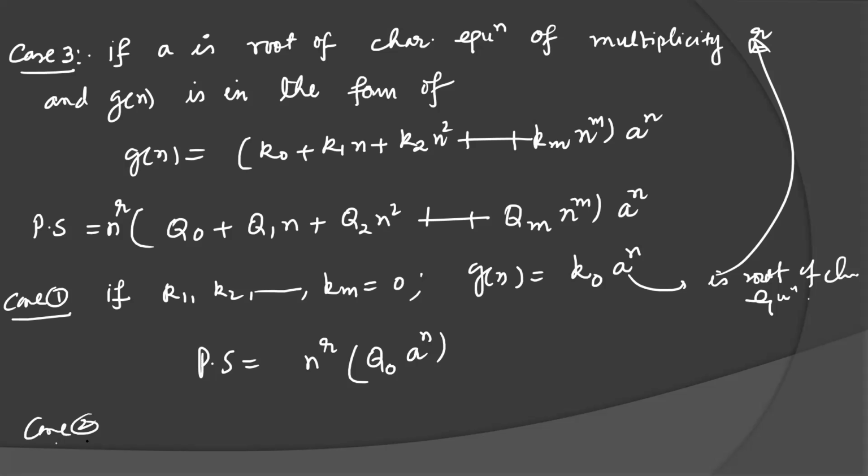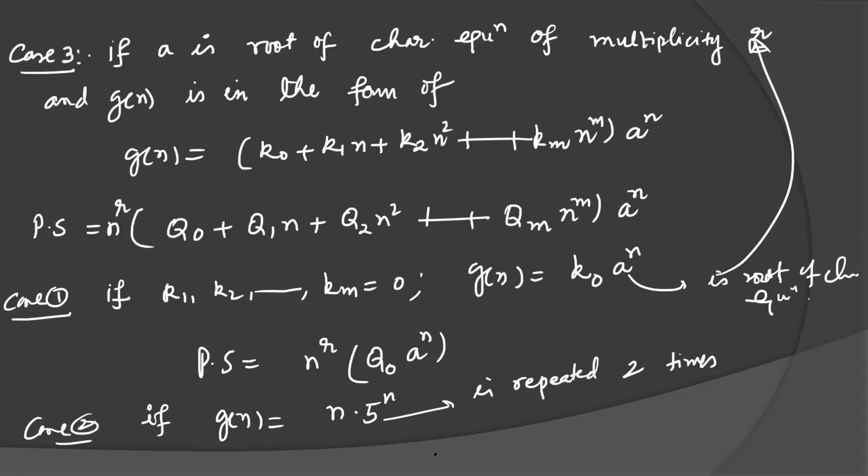Suppose you have case 2 like this. If Gn is in the form of, suppose, n into 5 to the power n, and suppose 5 is repeated 2 times, then can you think of the particular solution? Yes, we can. For n, we break it like case 1.